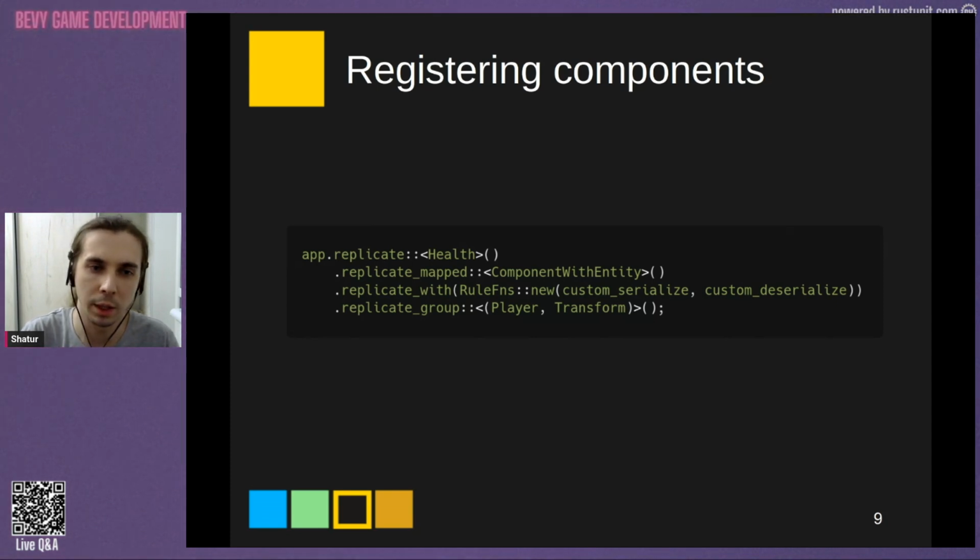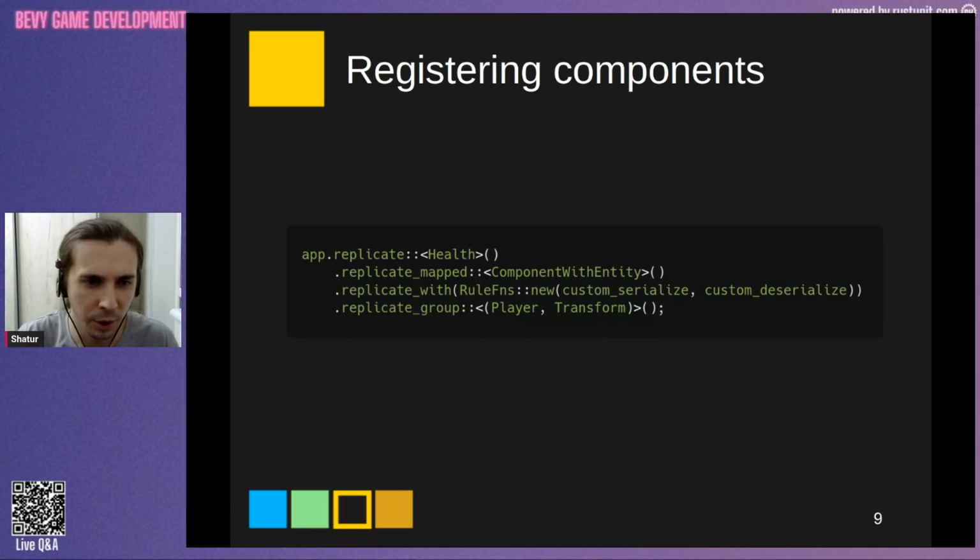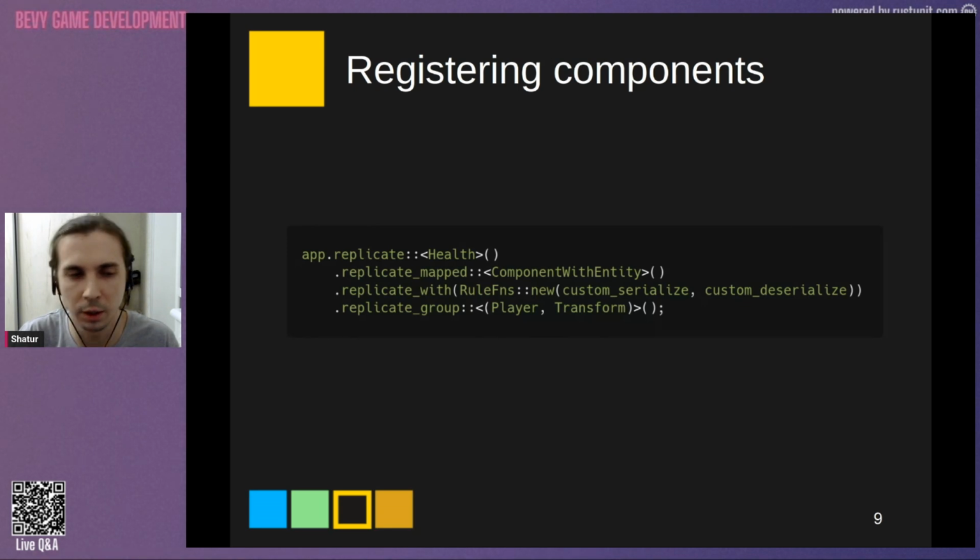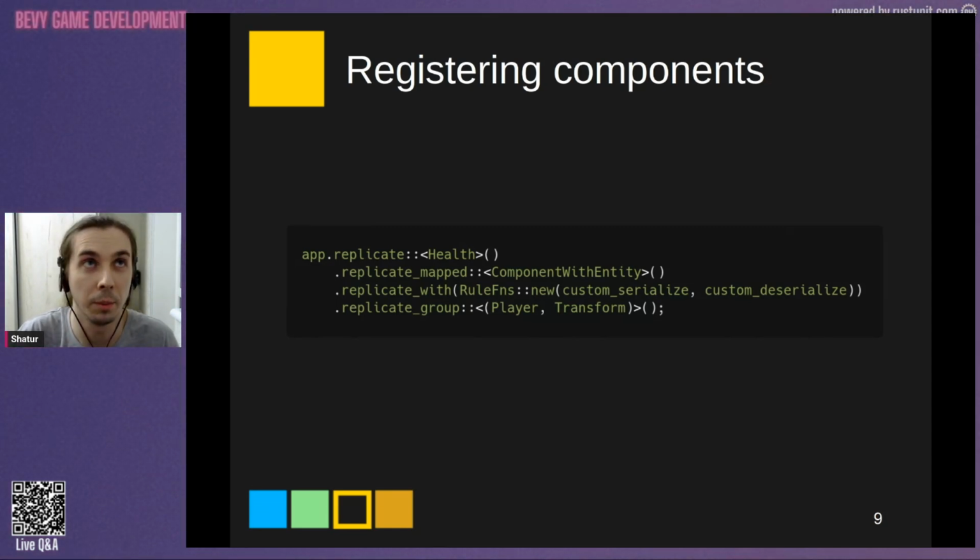This way you can also customize the serialization for groups. For example, maybe for players, you want to replicate both translation and rotation. And for non-player objects, you may not care about rotation. For example, if you replicate a ball, you may not care about its rotation. This way, you can specialize serialization by implementing a special trait.